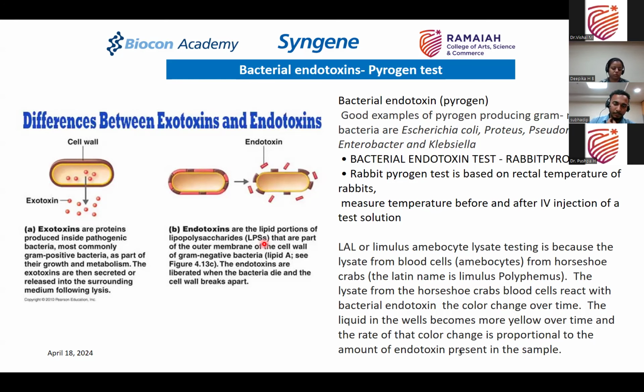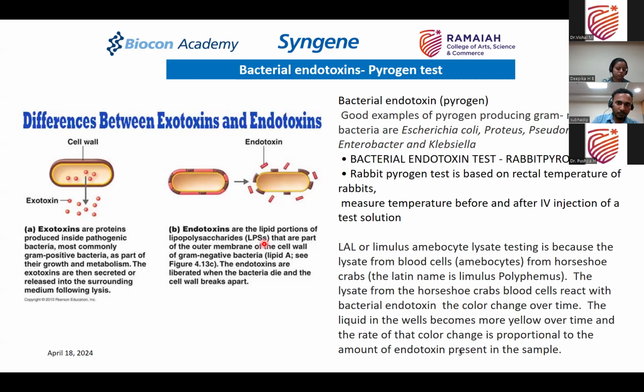So how can we analyze whether this endotoxin is present in the given sample or not? There are two different methods in which we can detect the presence of this endotoxin. One is the rabbit pyrogen test.